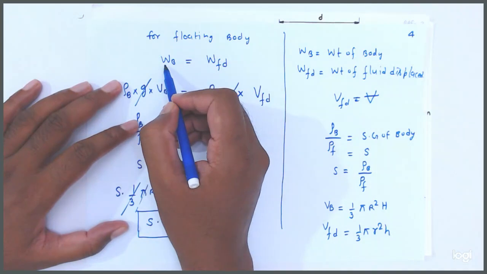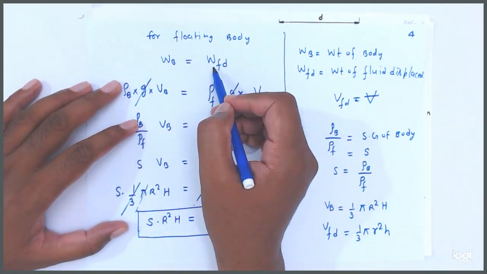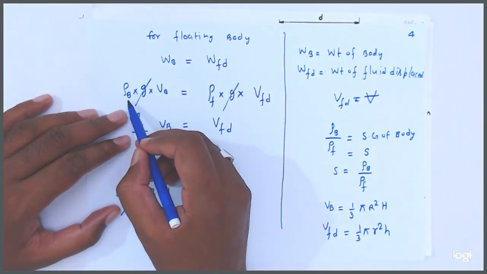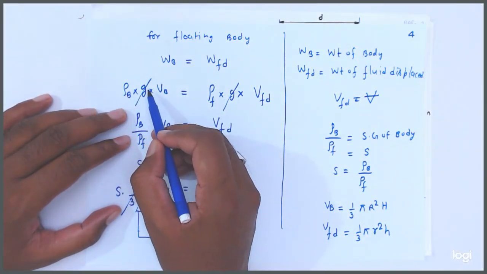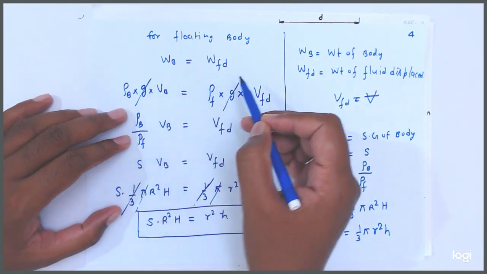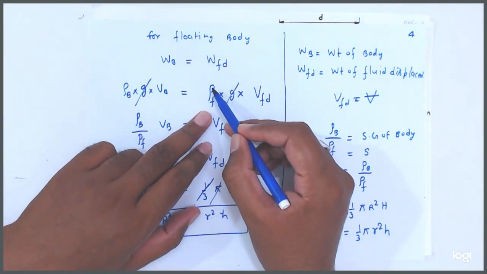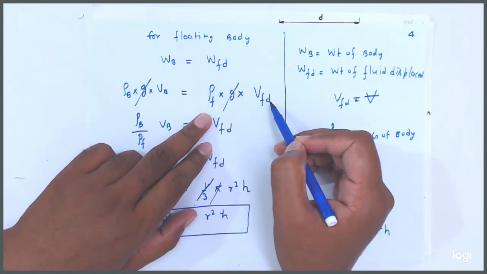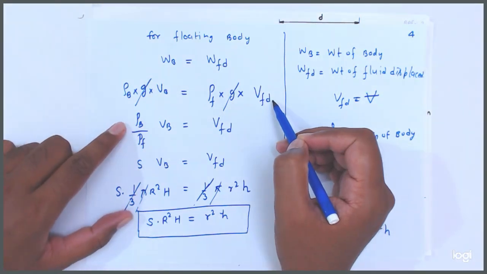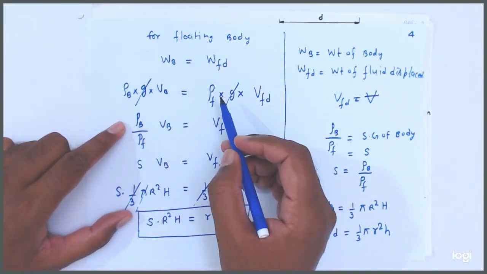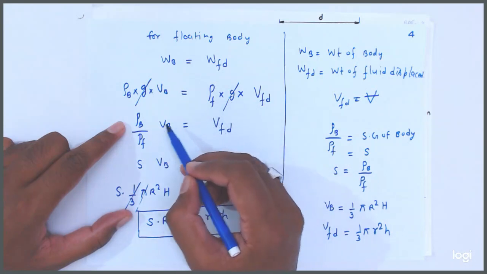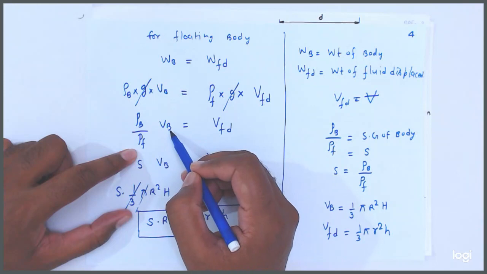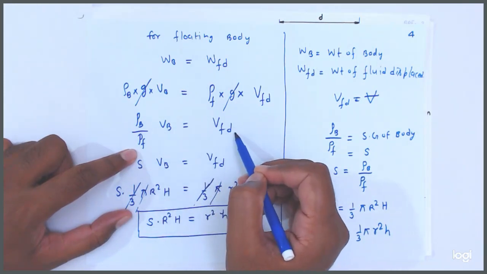Weight of body is equal to density of body into g into volume of body, equal to weight of fluid displaced, which is density of fluid into g into volume of fluid displaced. So g cancels out, and dividing by rho f, we get rho b by rho f into volume of body equal to volume of fluid displaced.